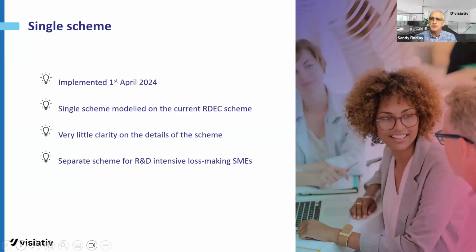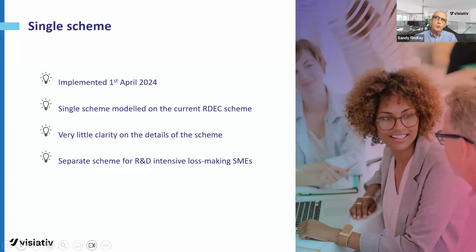We know that HMRC still hasn't issued any guidance on things like dealing with subcontracted R&D. And there was a significant culture change 3 years ago in HMRC's interpretation of subsidised or subcontracted R&D.